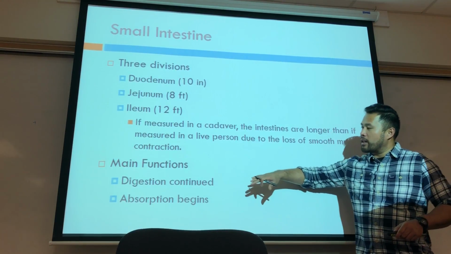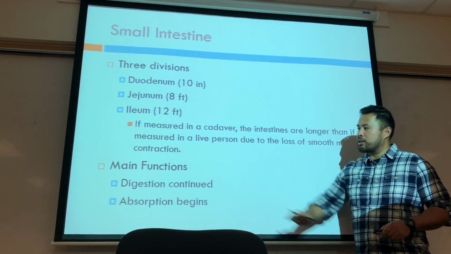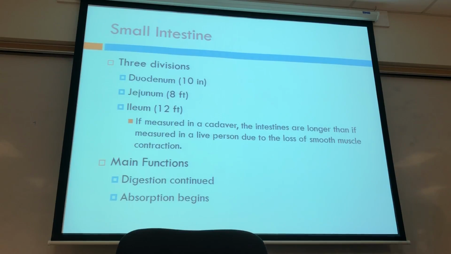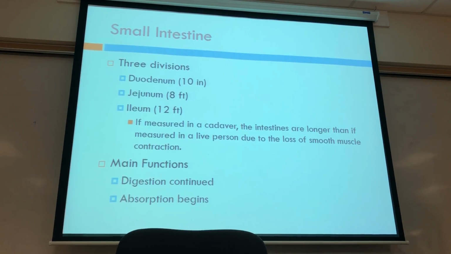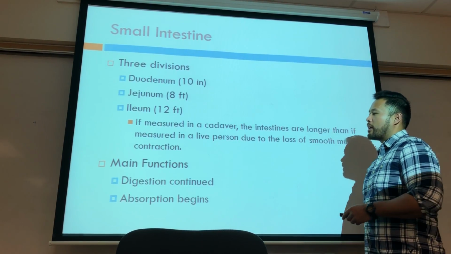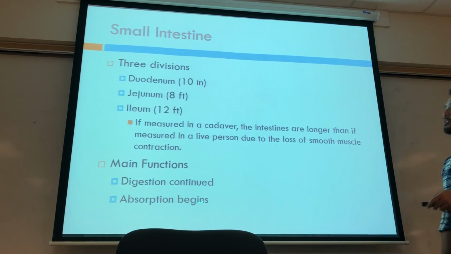Again, reiterating the small intestine, we continue with digestion, and we continue with the process of absorption. We saw a little bit of absorption that takes place in the mouth, a little bit within the stomach, and then the bulk of all the absorption takes place in the small intestine.